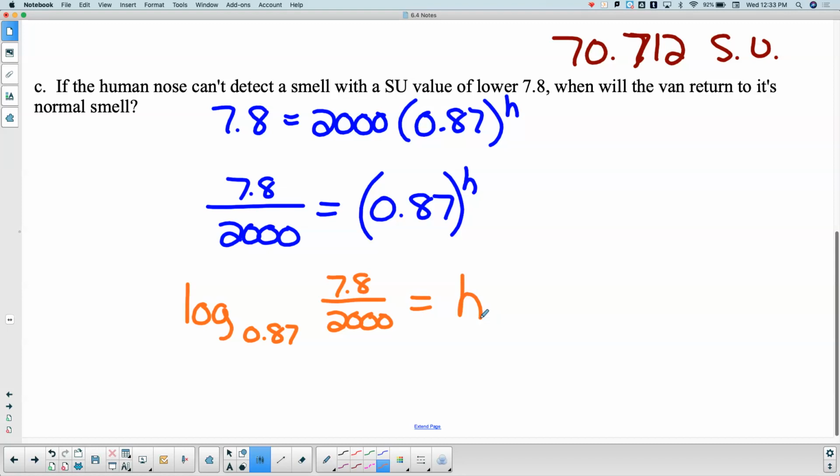Why not? At 24 hours, we just found that it was still at 70. We have to get to 7.8, coming down from 2,000. So it's got to be more than 24. If I get something smaller than 24, we'll know we did something wrong. So that's one little check. Now let's figure it out.